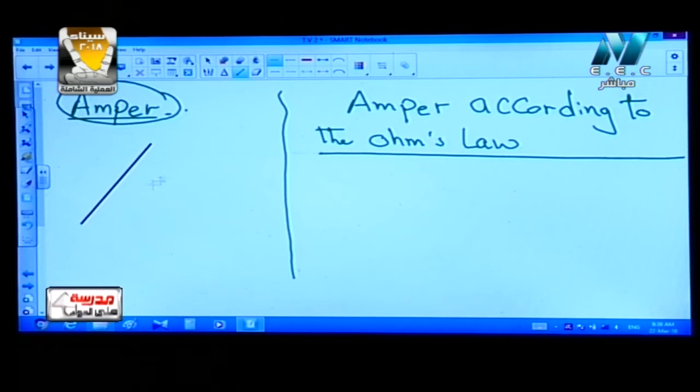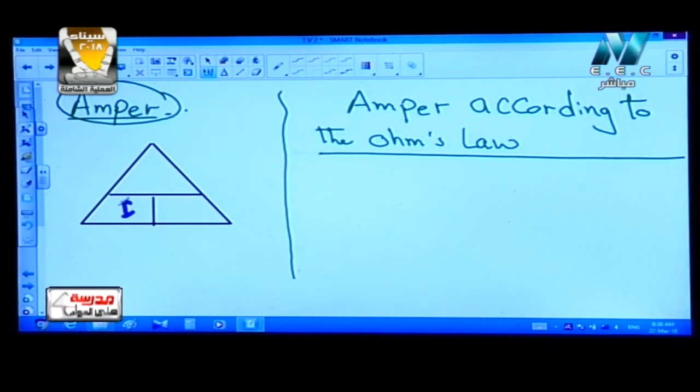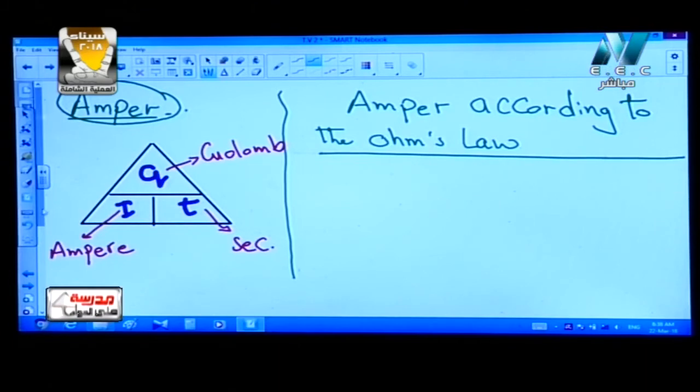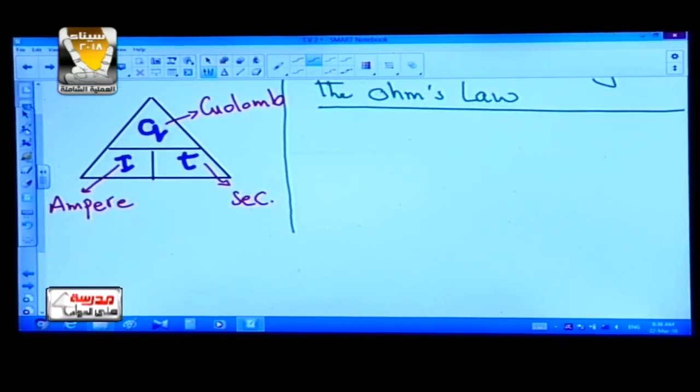Of course we know that all definitions can be derived from the magic triangle, as we see in front of us. I say I equal Q over T, and we know the measuring unit of I is ampere, the unit of quantity is coulomb, and the unit of time is second. So how can we define ampere? I say: ampere is the electric current intensity when the quantity of charge equals 1 coulomb and time equals 1 second.